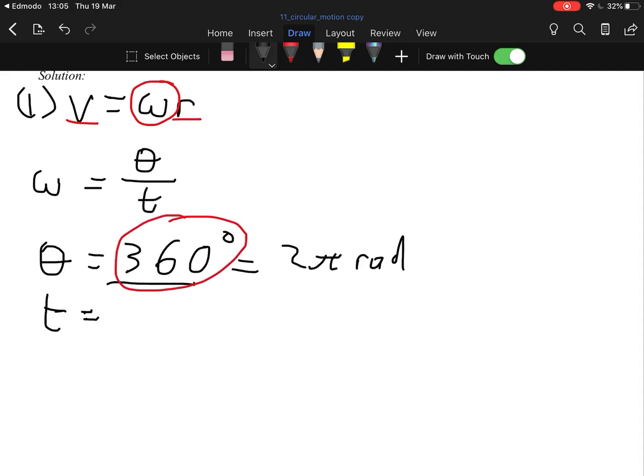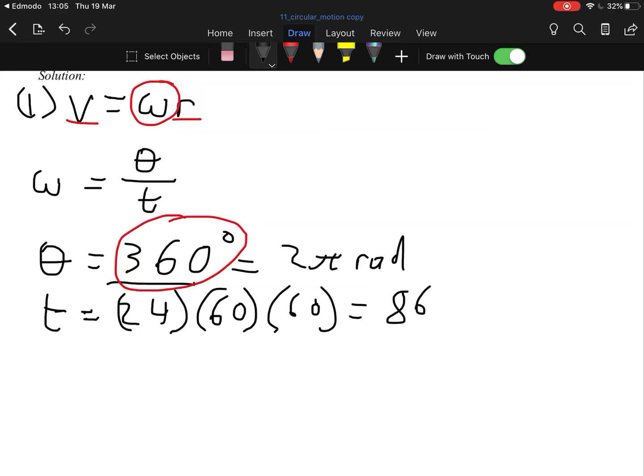It takes 24 hours. We have to, of course, convert that to seconds. So for each hour, 60 minutes. For each minute, there is 60 seconds, which of course gets me 86,400 seconds.